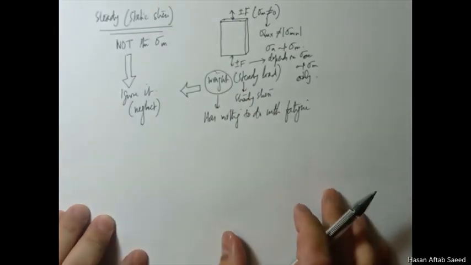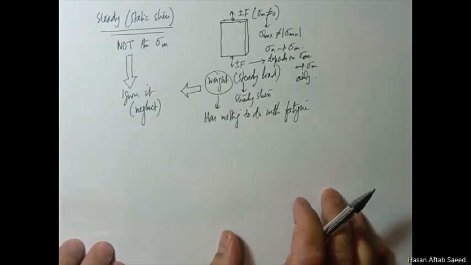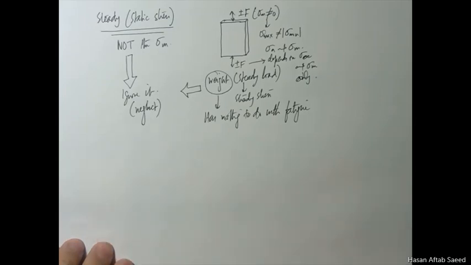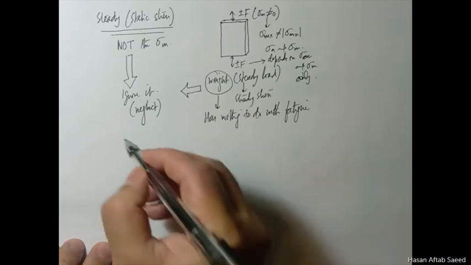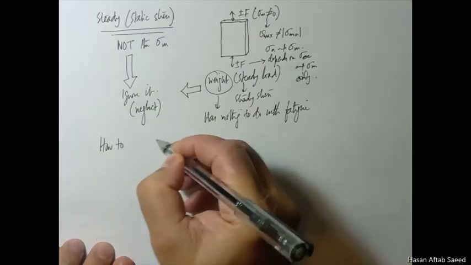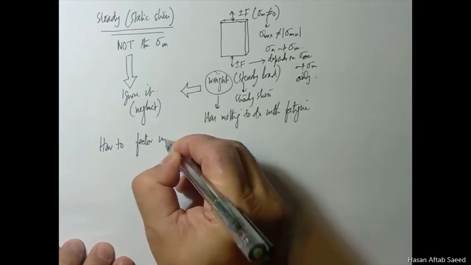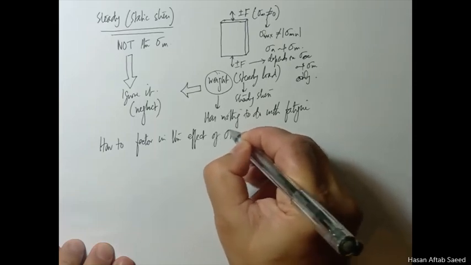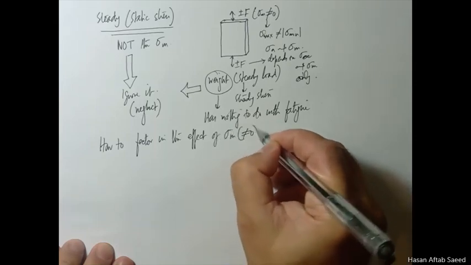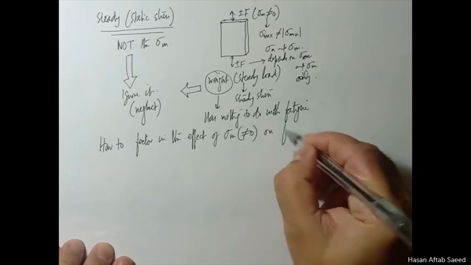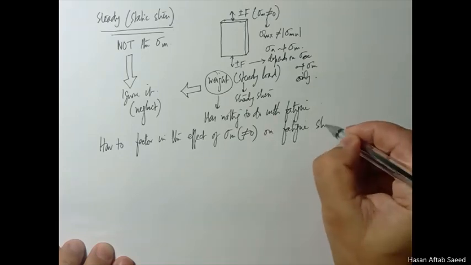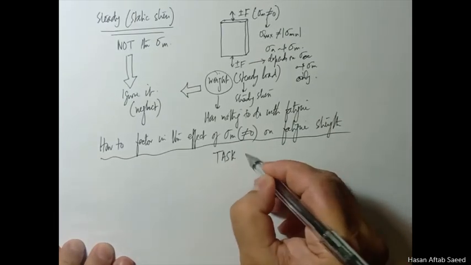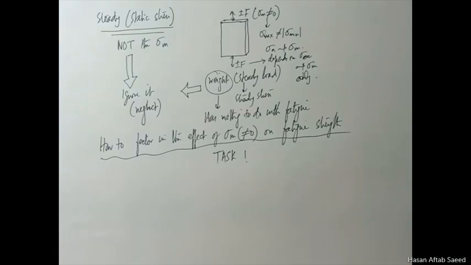The next task, now that we have quantified fluctuating stress and we know what is different about it from a fully reversed, completely reversed stress situation, is how to factor in the effect of sigma m, which is not equal to 0 in this case, on fatigue strength. This is our task now.